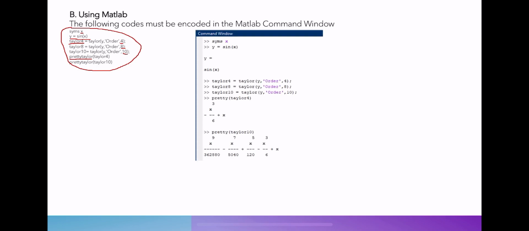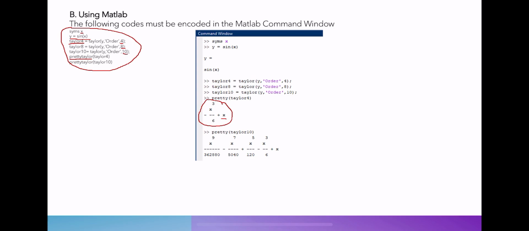As we can notice, what we obtained a while ago was x minus x cubed over 6. Again, this is after 4 terms only. After 4 terms, we were not able to achieve the accurate answer of 0.866.